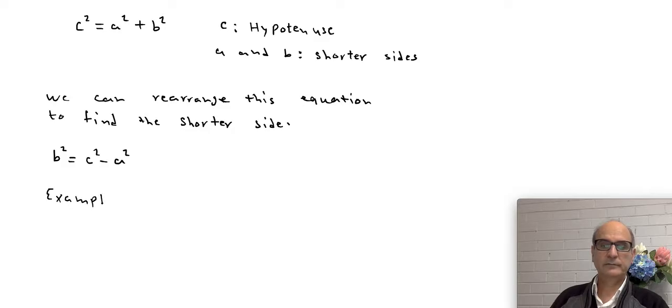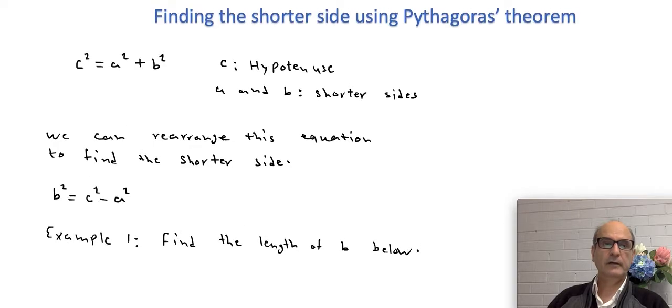Example 1. Find the length of b. Remember, this is only for right angle triangles. You cannot use it for other types of triangles.